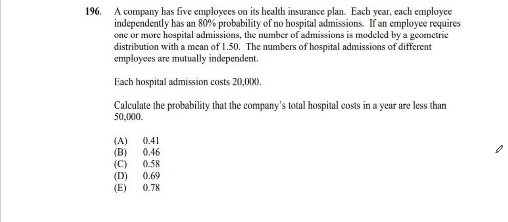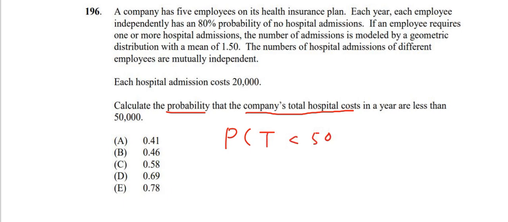So for this problem, we want to calculate the probability that the company's total cost is less than this. So what is the total cost? What is T? Let's check.